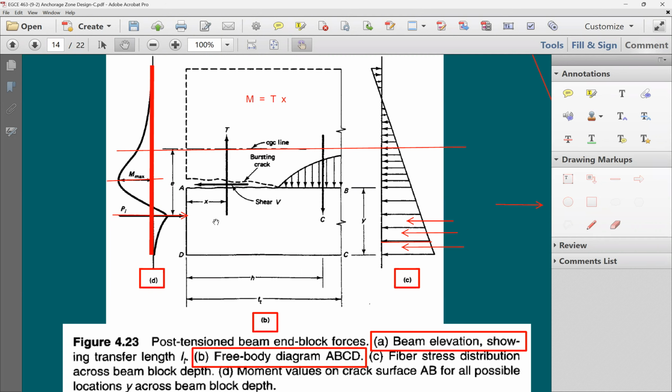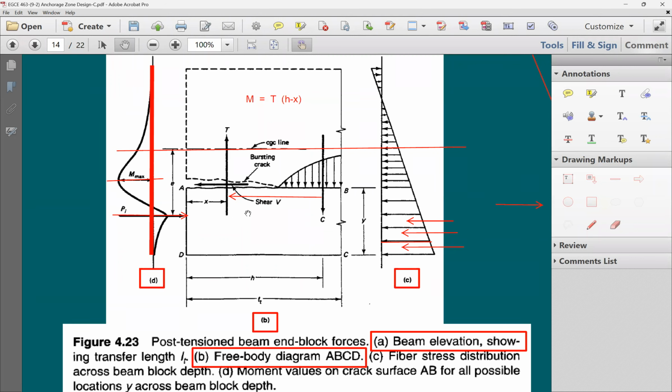You see this h minus x? Let me remove this x. This is actually the multiplier. So it's going to be the tension force multiplied by the distance from here to there. This distance is going to be equal to h subtracting x.